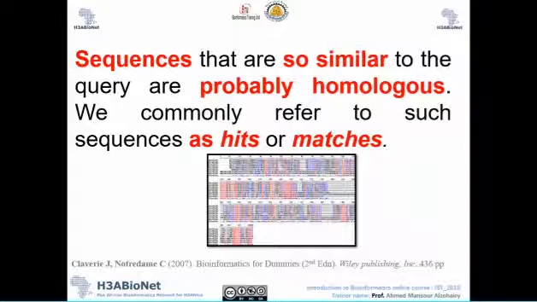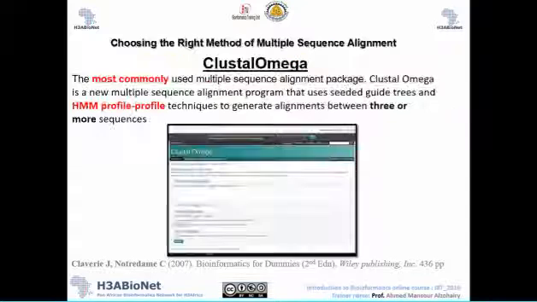We call them hits or matches. So we grab these hits or matches, extract them, and build a multiple sequence alignment with them.